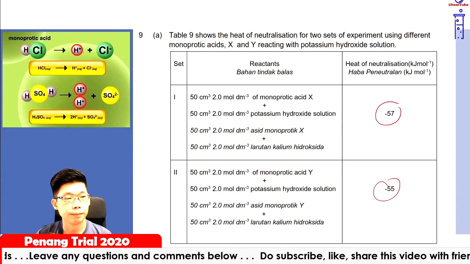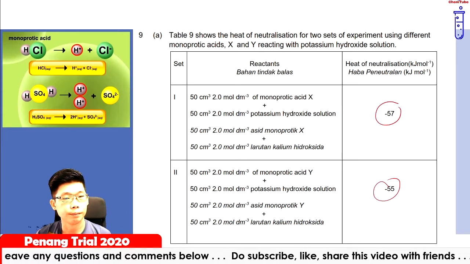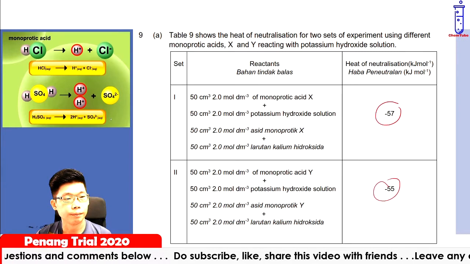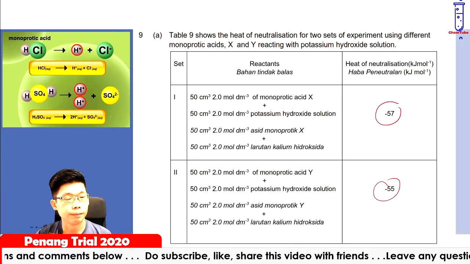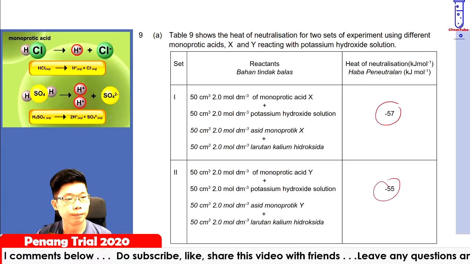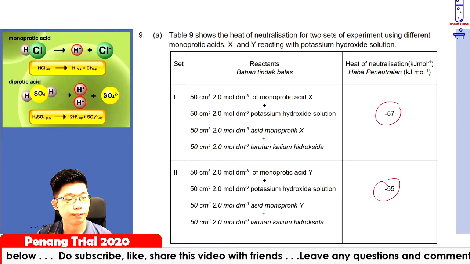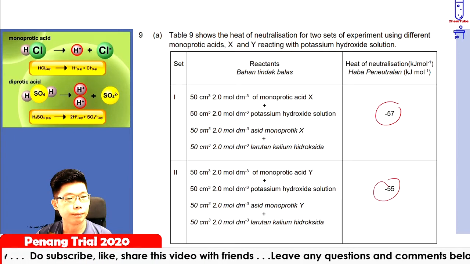Hydrochloric acid is an example of a monoprotic acid. Whereas sulfuric acid releases 2 hydrogen ions. An acid that can give up 2 hydrogen ions per molecule of acid is called a diprotic acid. Sulfuric acid is an example of a diprotic acid.